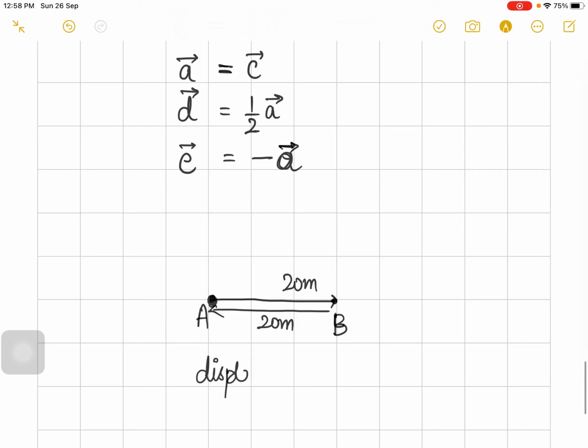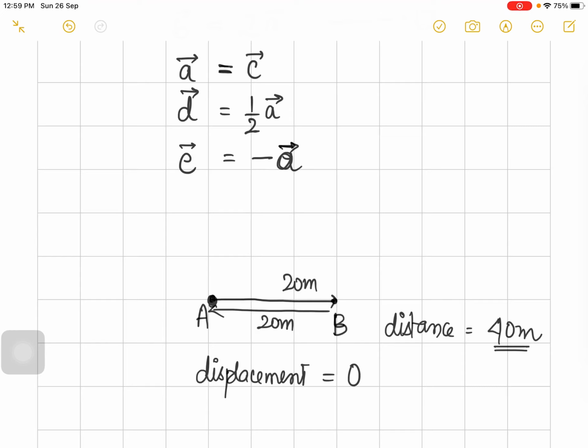You will say that the displacement is 0, though the distance traveled by the person was 40 meters. Am I right? He actually walked 20 meters forward then 20 meters back. Distance takes care of that information. But displacement is about where you were initially and where you are finally.